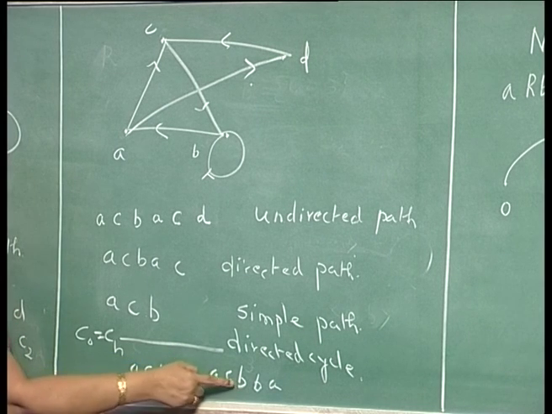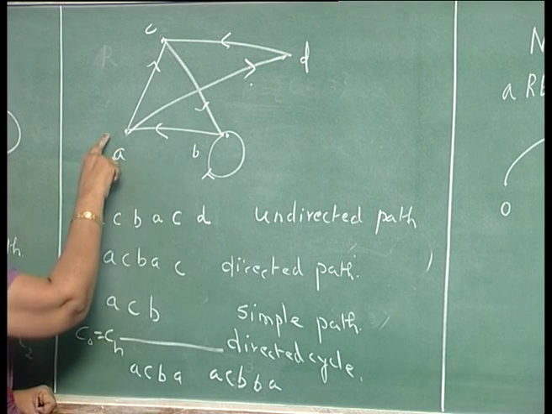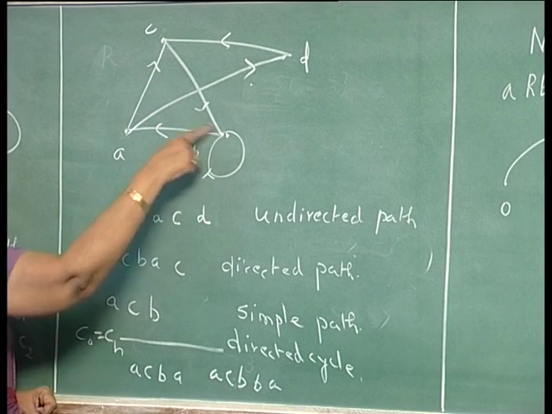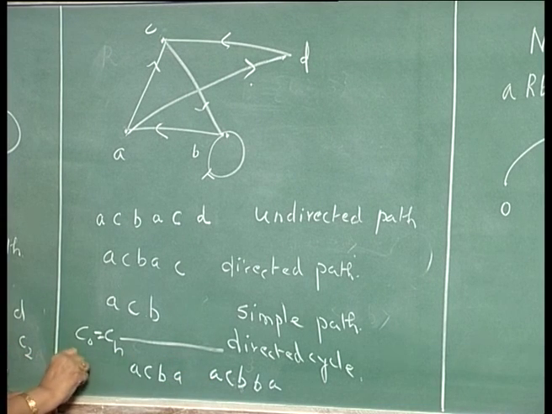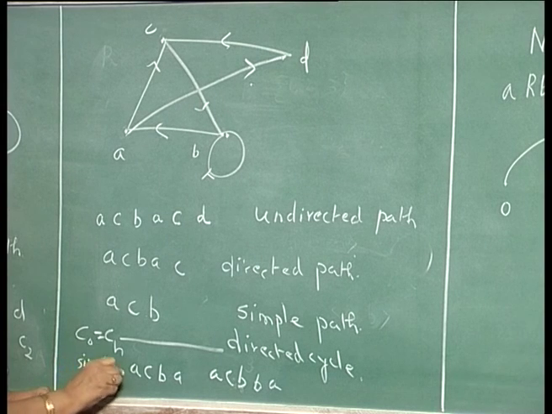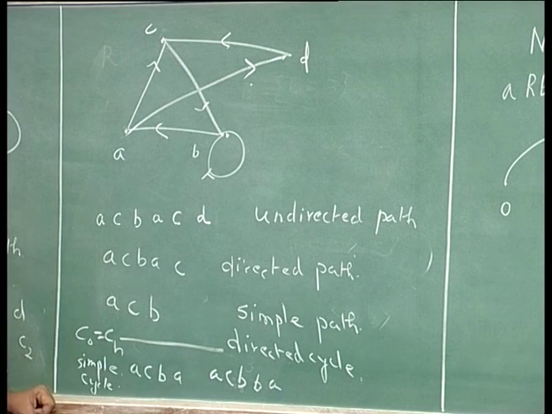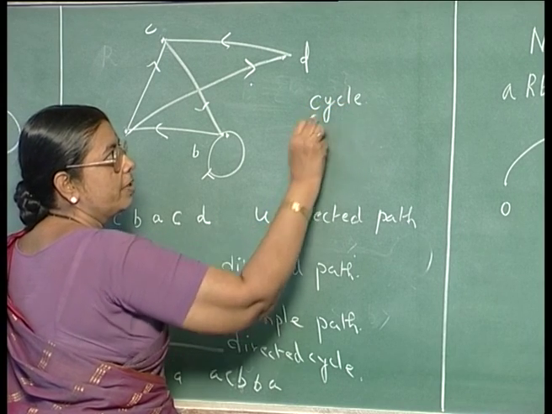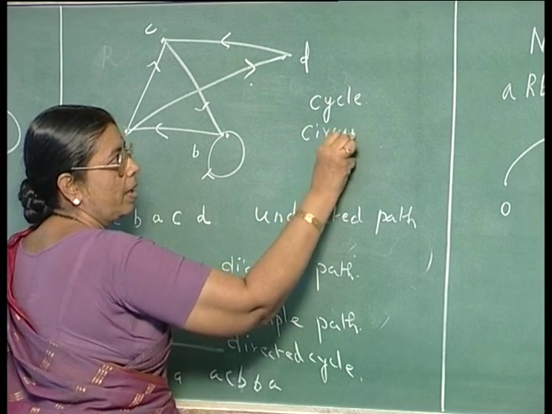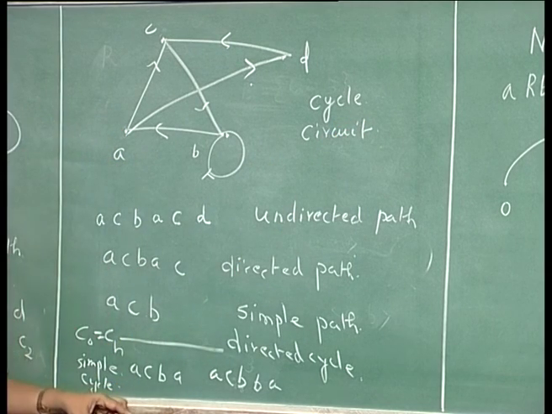This is not a simple cycle because B is repeated twice. A, C, B, B, A is a cycle, but it is not a simple cycle. This is a simple cycle. This is not a simple cycle. So, you use the word cycle, in some books they will use the word circuit. These are some other terminologies.